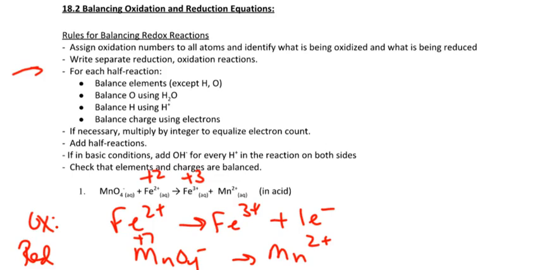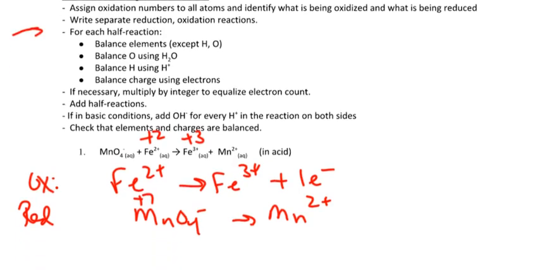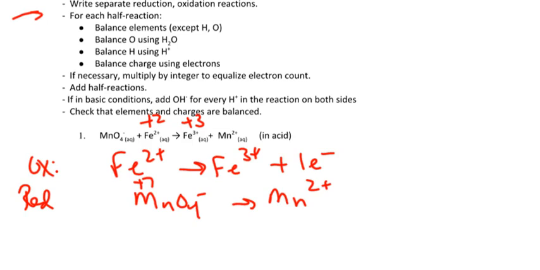So now what do I need to do? Let me scroll down a little bit. I need to balance the manganeses. I got 1 on each side. That's good. Now balance the oxygens using water. If I have 4 oxygens on the reactant side, I'm going to add 4 waters on the product side. And now balance the hydrogens using H+. Well, I have 8 hydrogens here, so I'm going to have 8 H+ here. Now I need to figure out my overall charge and then add electrons.